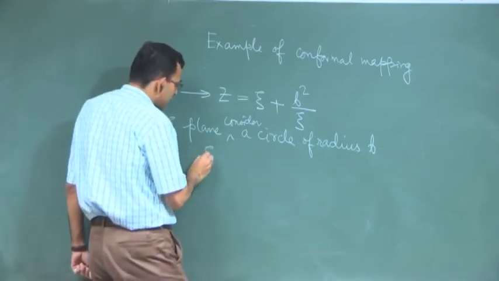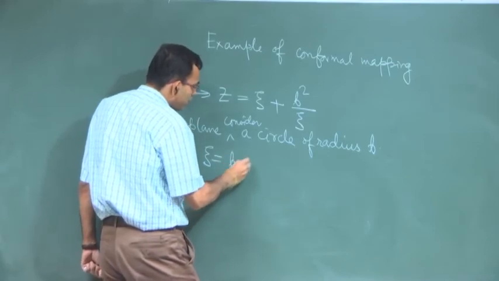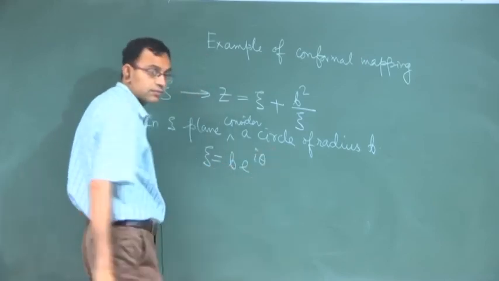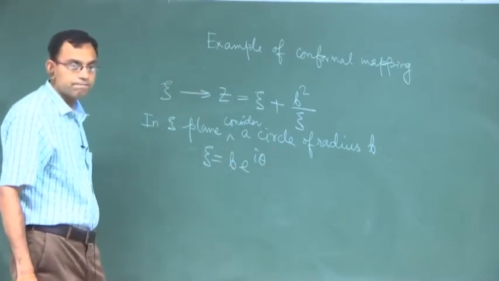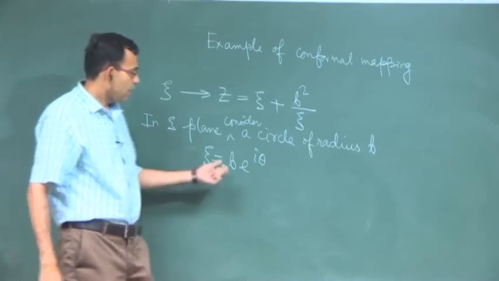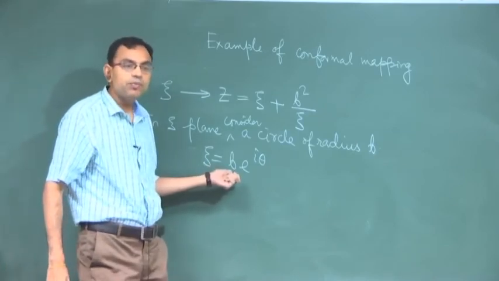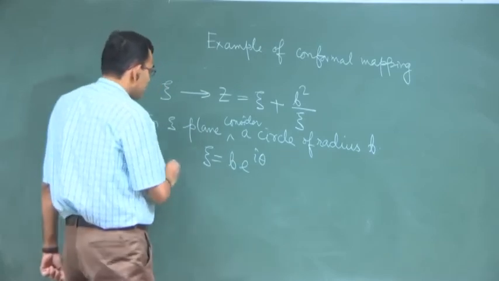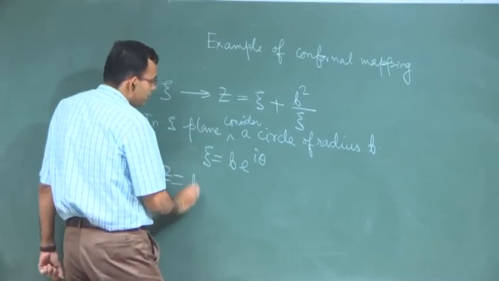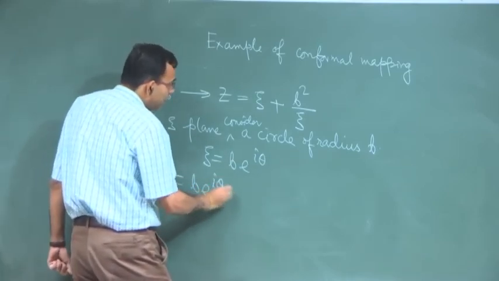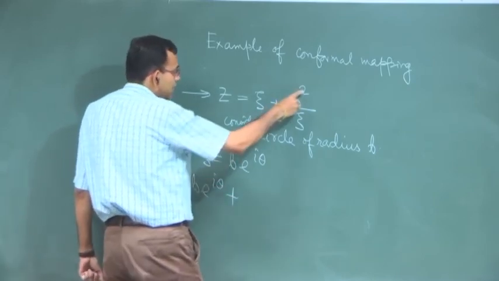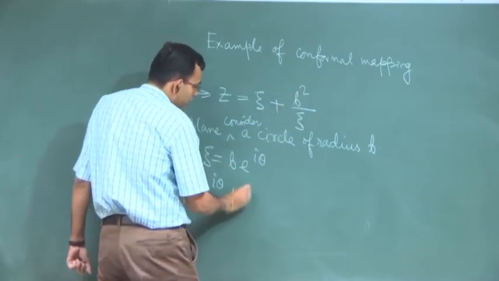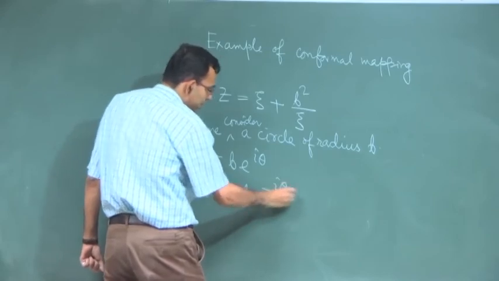In that case zeta will be r e to the power i theta, where r is equal to b, which is fixed. So, z will be b e to the power i theta plus b square by b times e to the power minus i theta.